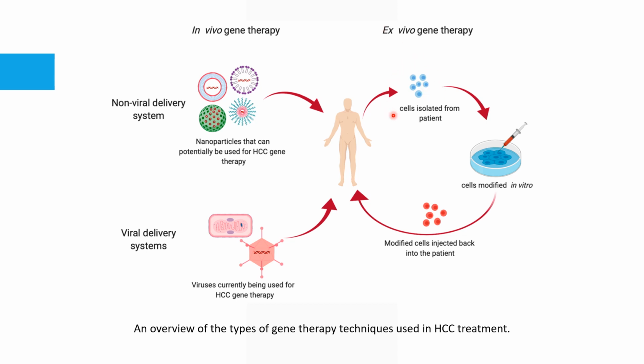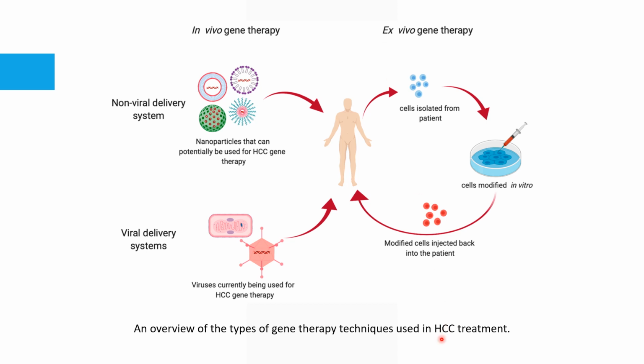So we have here a stem cell that is isolated from the patient. Next, the cells will be modified in vitro, and the modified cells will be injected back into the patient. So we have here again an overview of the types of gene therapy techniques used in HCC treatment.